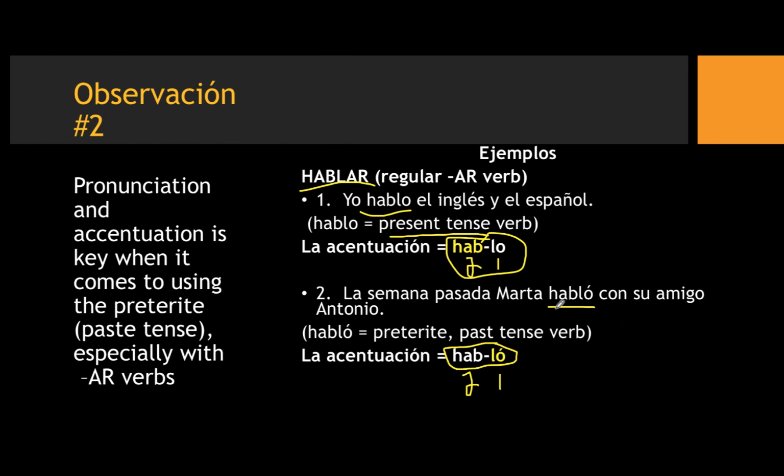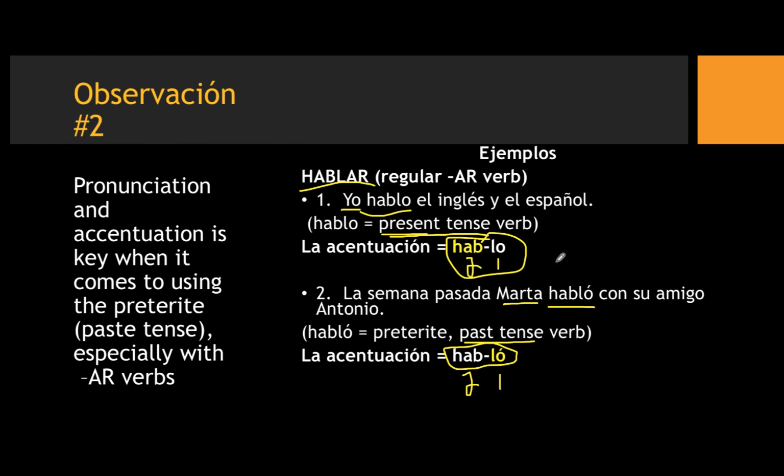Your listener is not going to know who the subject is, and they're not going to know if it's present tense or past tense. So you're confusing them on who's doing the action, and then if it's present or past. So you're really going to confuse your listener.